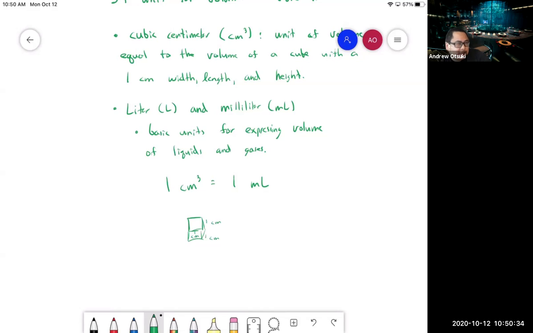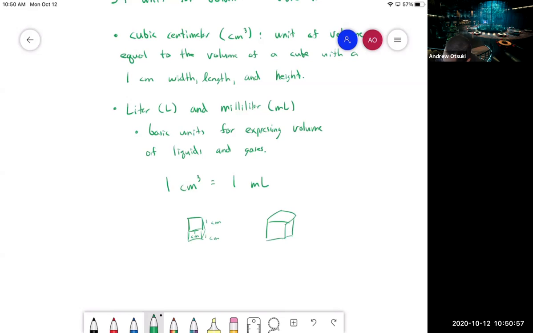The other ones, you can do by dimensional analysis. For example, let's say we have another cube.